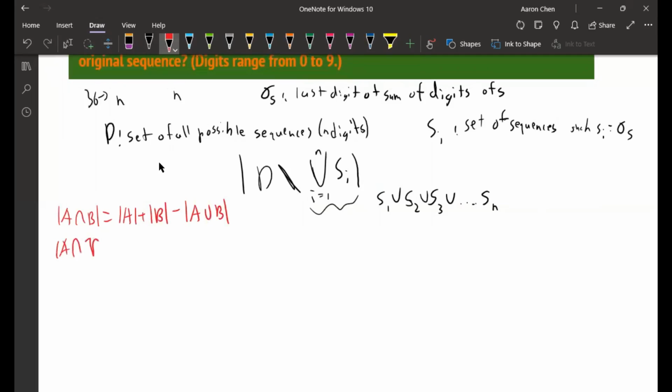This can repeat onward for any number of sets, since after pairwise comes triples, where you take the three sets and add them, and so on. I'll just finish writing this out.